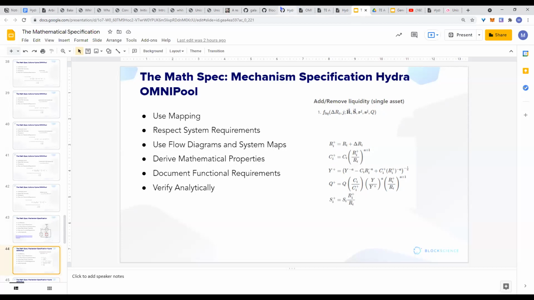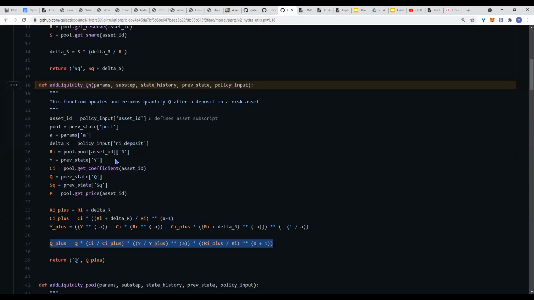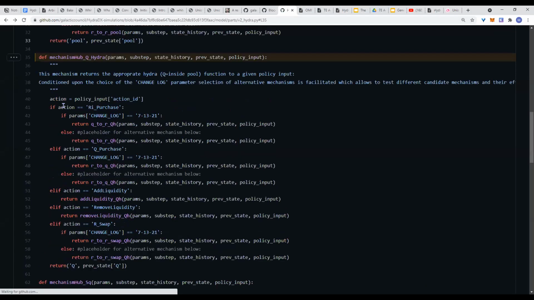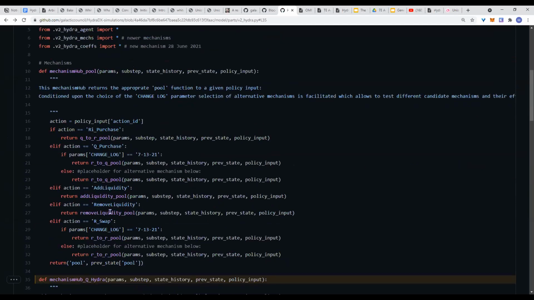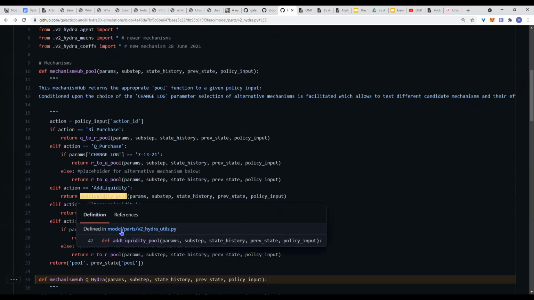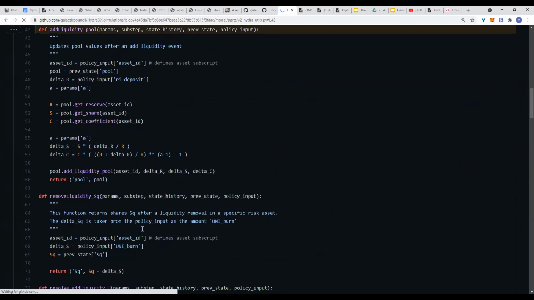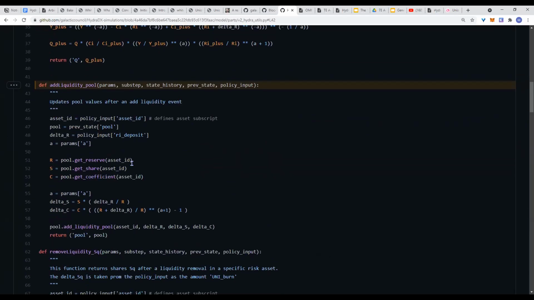And we would see in the others, for each one of the other, like, if you notice, the pool, that's that vector of risk assets. So what we call pool is that.